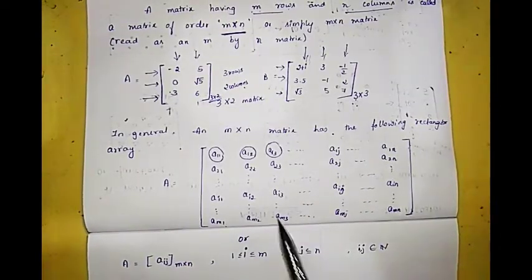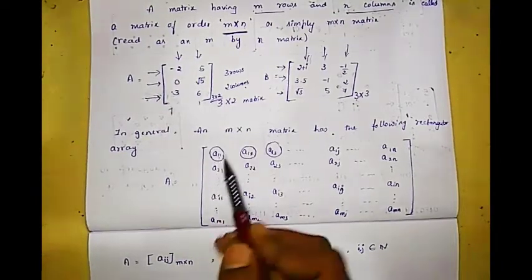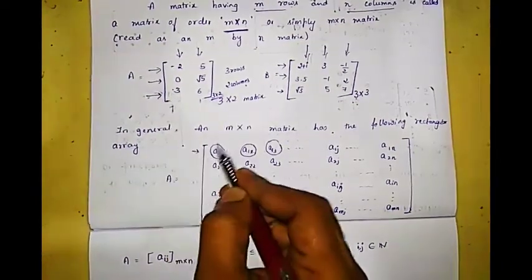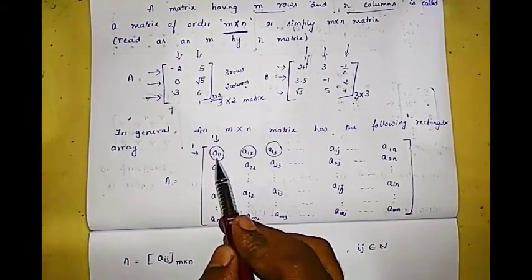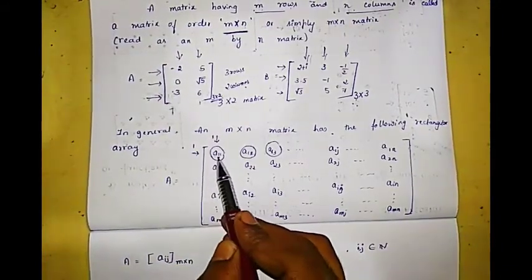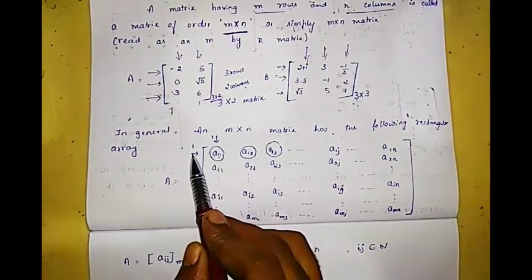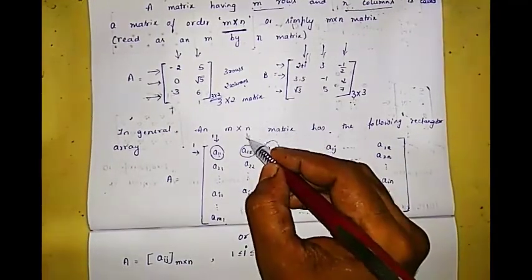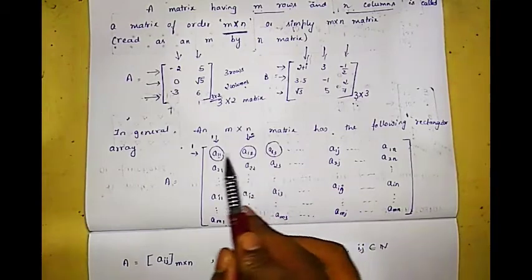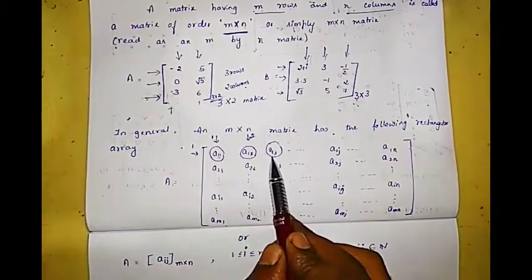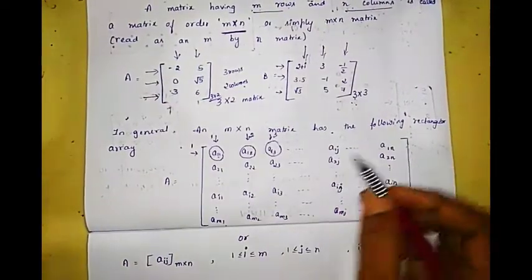This is the element in the first row, first column, so it is A suffix 1 1. What is this? It is the element in the first row, second column. So A13 is the element of the matrix A in the first row, third column.